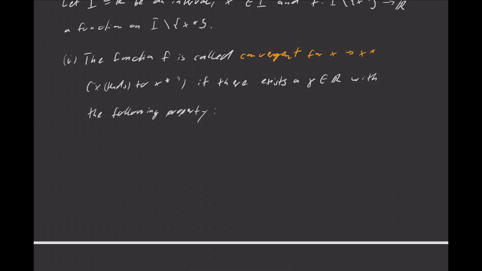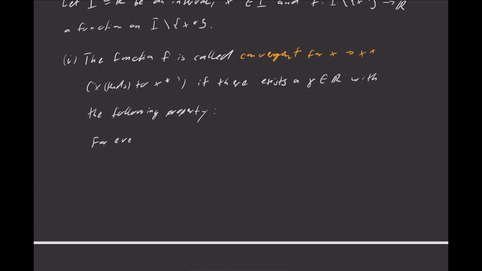And the property we want is, if we take a sequence in this interval with the exclusion of x star, and that sequence tends to x star, then we want the sequence of function values of the sequence to also converge. Let me write that down to make it more clear.